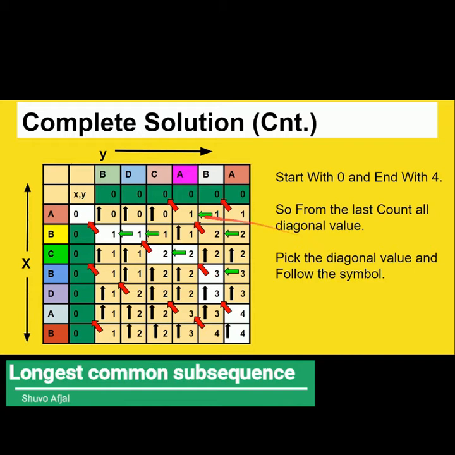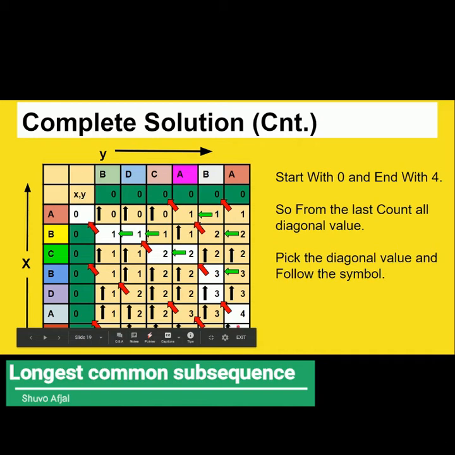We start from here and end here. So we start with 0 and end with 4. From the last, count all the diagonal values. So pick the diagonal value and follow the symbol.